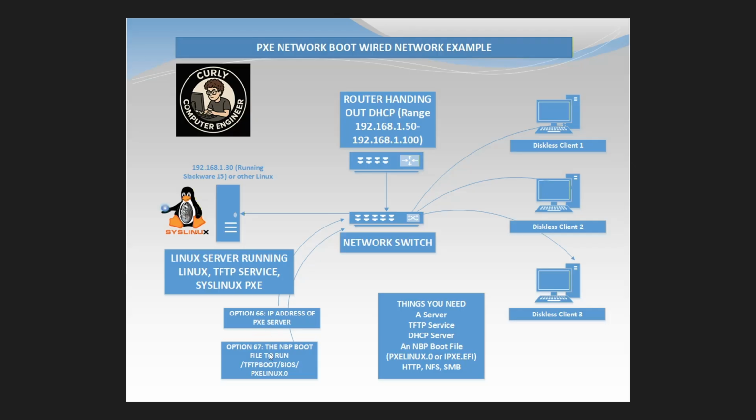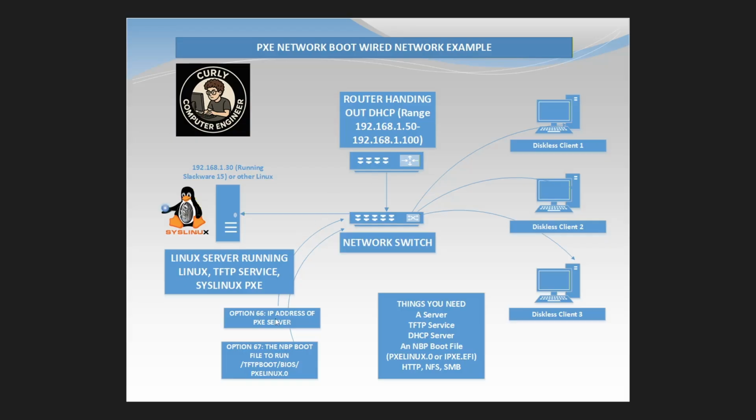Two of these options we need for PXE booting, and that's option 66, which when we request that and we program it properly in the router, option 66 is the IP address of the PXE server. So in this case, the IP address would be 192.168.1.30. So the client goes out through the switch, through the router, and it says, hey, I need an IP address.